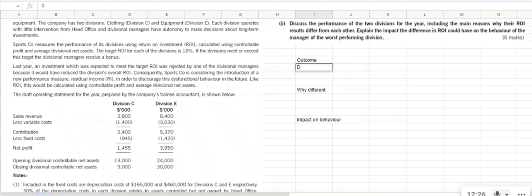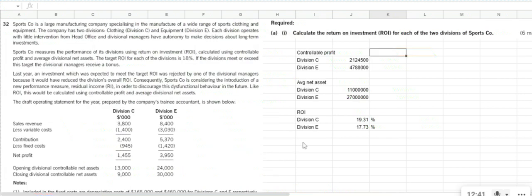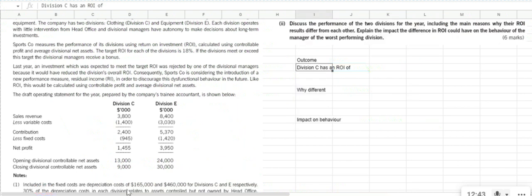So division C has an ROI of how much? 19.31%.